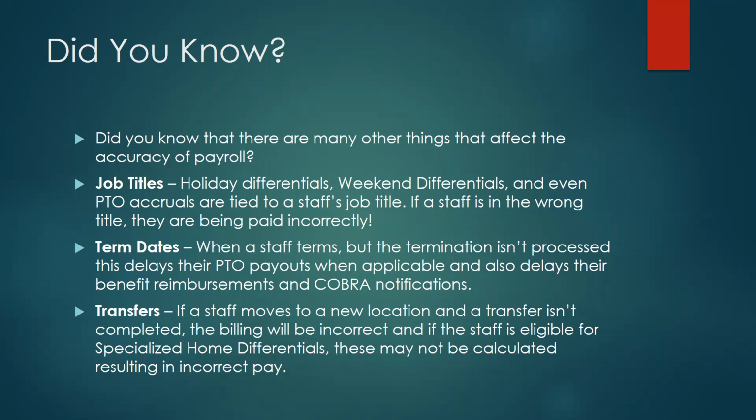When a staff is showing as working, but they're not, and they don't have hours, all of that information is delayed. Also, if a staff is trying to get a home loan or any other kind of loan, it will show in Work Number that they are an active staff with us, and that's giving them inaccurate information for whatever they're trying to do in their personal lives.